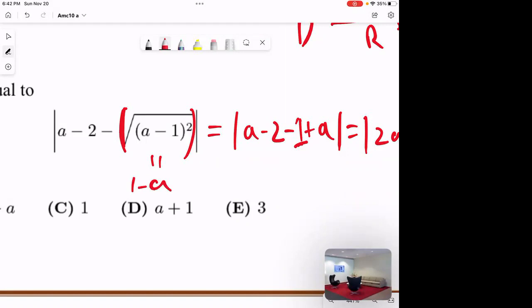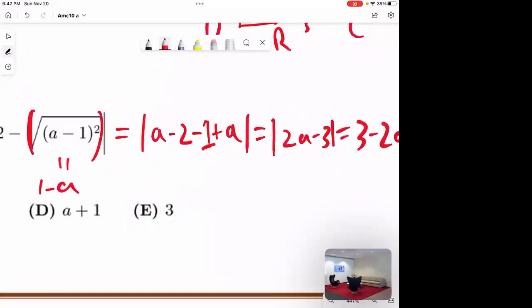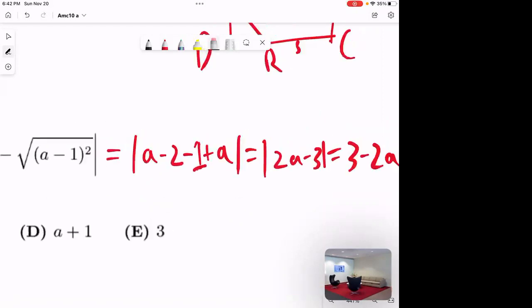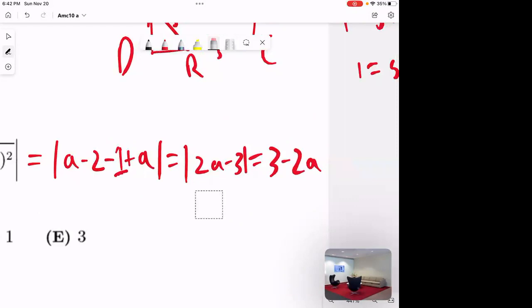So then when we subtract this, because don't forget we're subtracting it, not adding it, this makes the expression equal to A minus 2 minus 2 minus 1 plus A, because the double negative cancels out, right? Which gives us A minus 2 minus 1 plus A, which simplifies to 2A minus 3, and the absolute value of that.